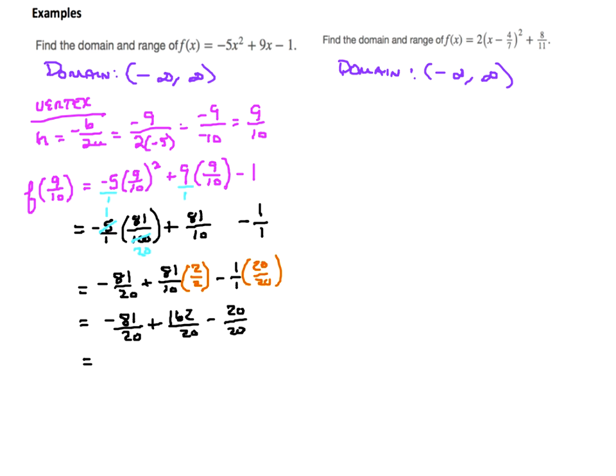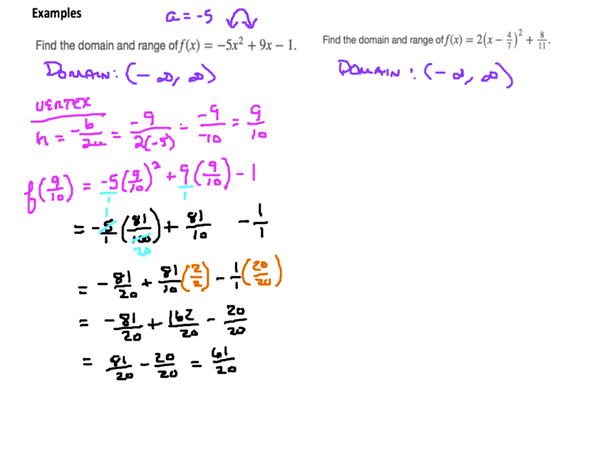Okay, so -81 plus 162 is +81/20, and then I'm subtracting 20/20, and that gives me 61/20. So now I know, by the way, since my a value is -5, this thing is opening downward.